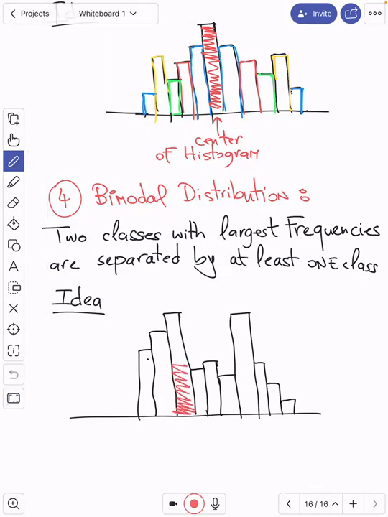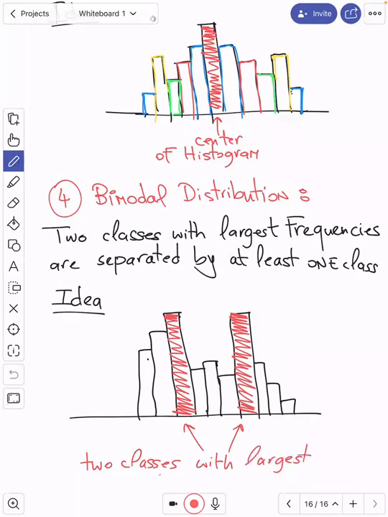This one here has the highest frequency, and this one. These are the 2 classes with the largest frequencies, because they are the highest rectangles, right? And as you can see, these 2 classes are separated by like 3 classes.